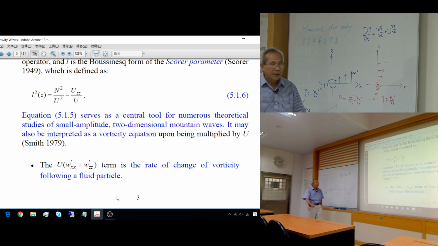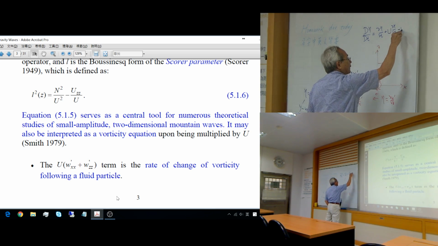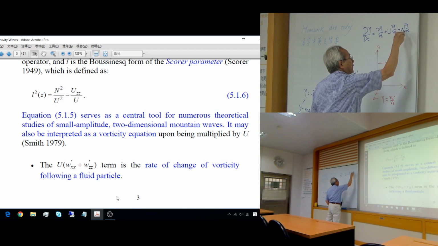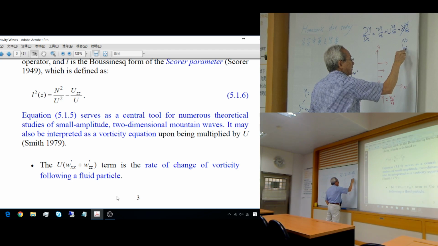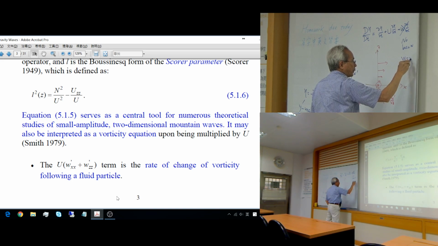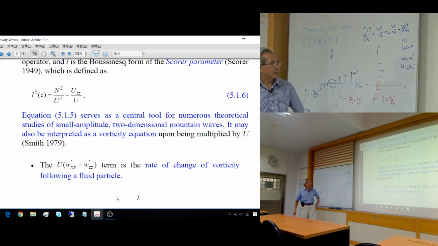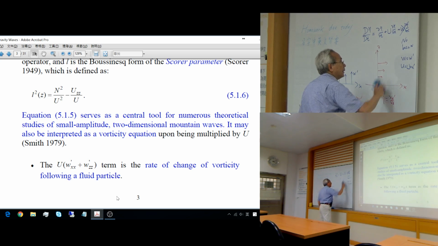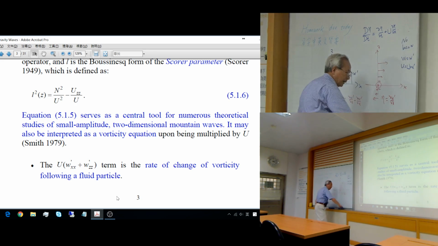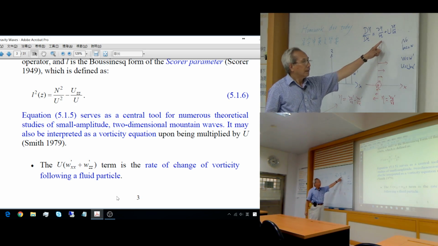We don't have w d eta dz. We don't have this because there is no basic W, because W is equal to W prime. Remember that? U is equal to capital U plus U prime. So we don't have this term. And then this term is gone.